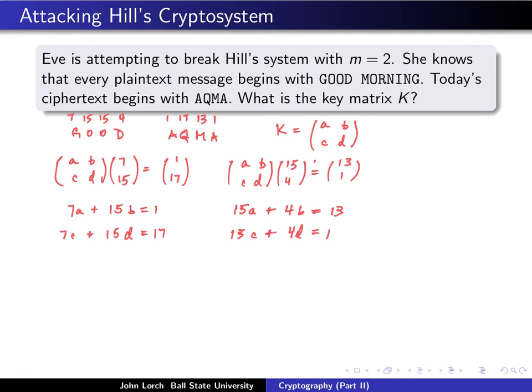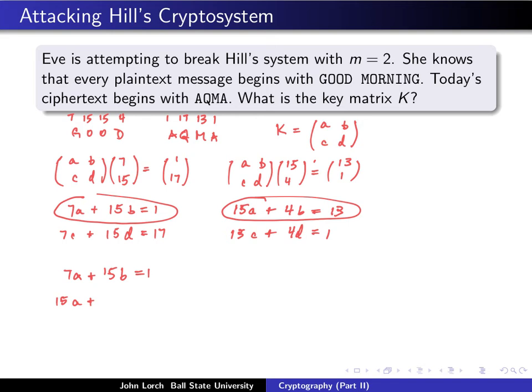So now if we take those equations and we first just look at the equations involving A and B, what we wind up with is 7A plus 15B equals 1, and then 15A plus 4B equals 13.